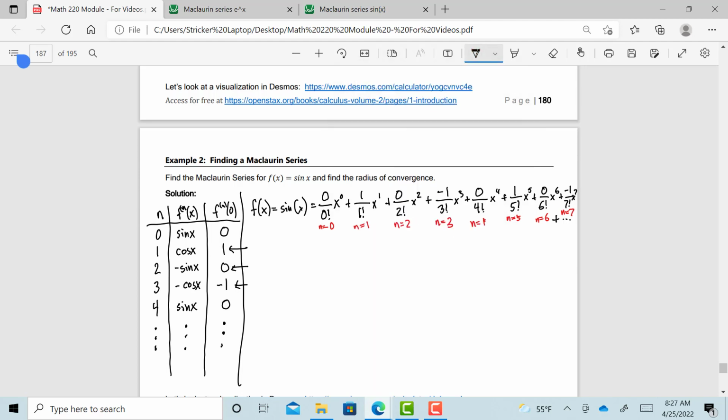So since the even terms go away, let's go ahead and rewrite it. So let's say this.